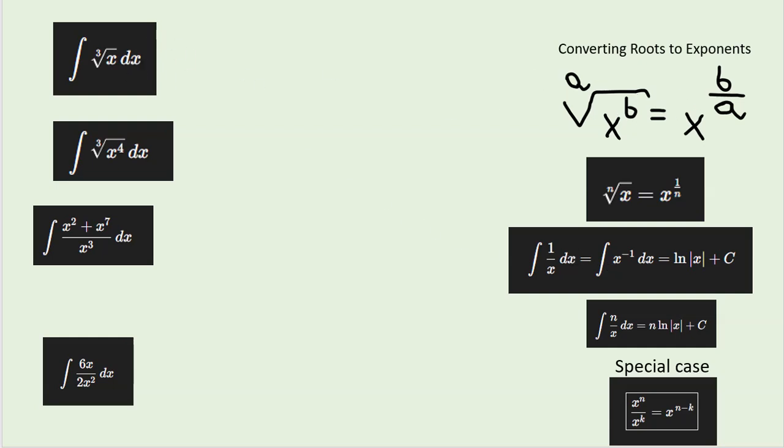Generally in calculus, when you solve integrals, you should convert roots. When you see a root, you should write it in exponent form. So how to write it in exponent form? Okay, you replace the place, so you can write it like that.